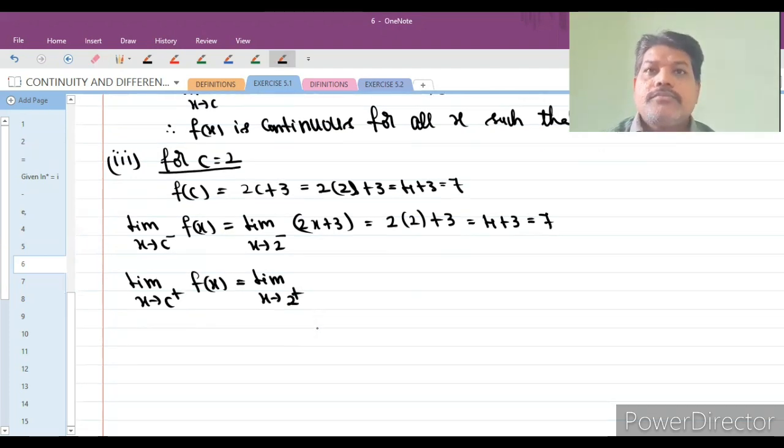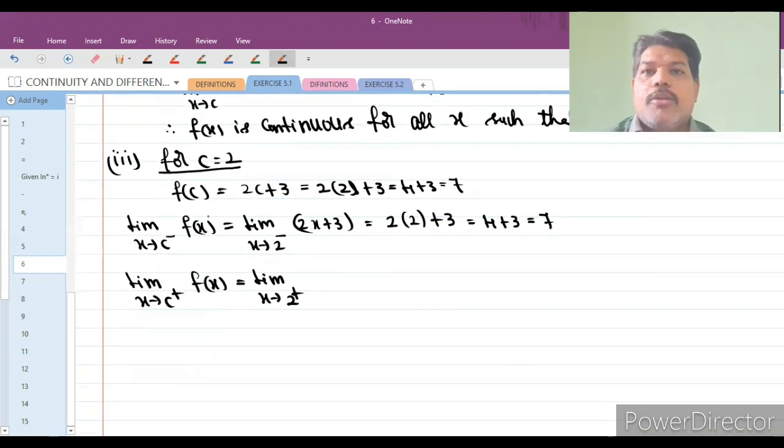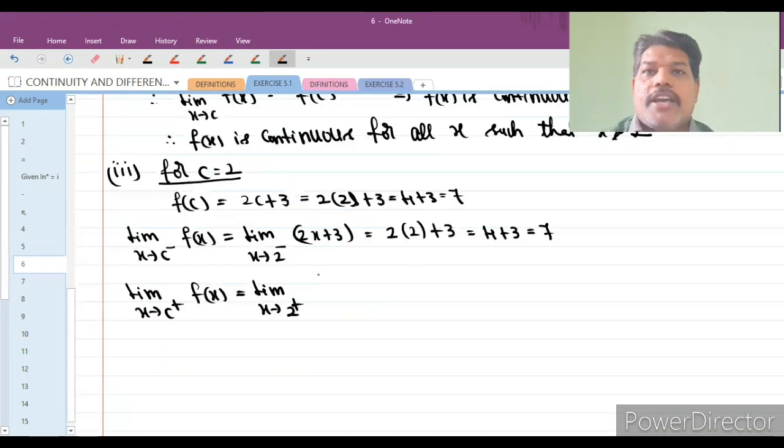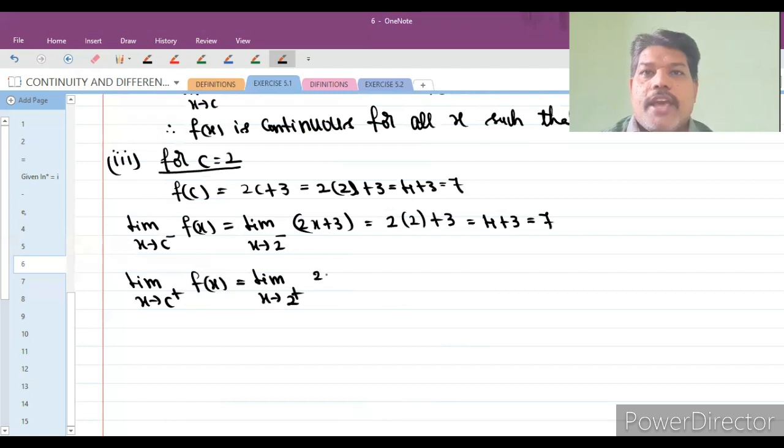For x greater than 2, f of x value will become 2x minus 3. Apply the limit here. So 2 into 2 minus 3, so it will become 4 minus 3. So that is equal to 1.